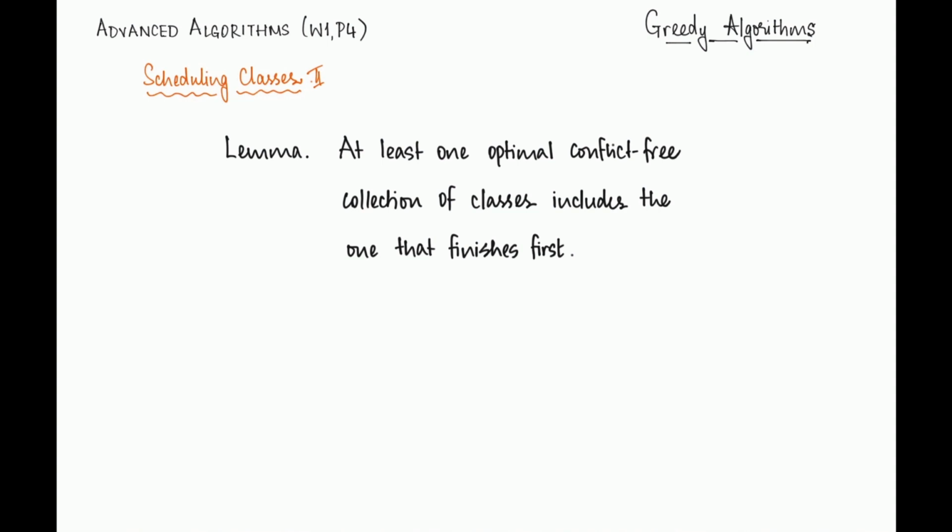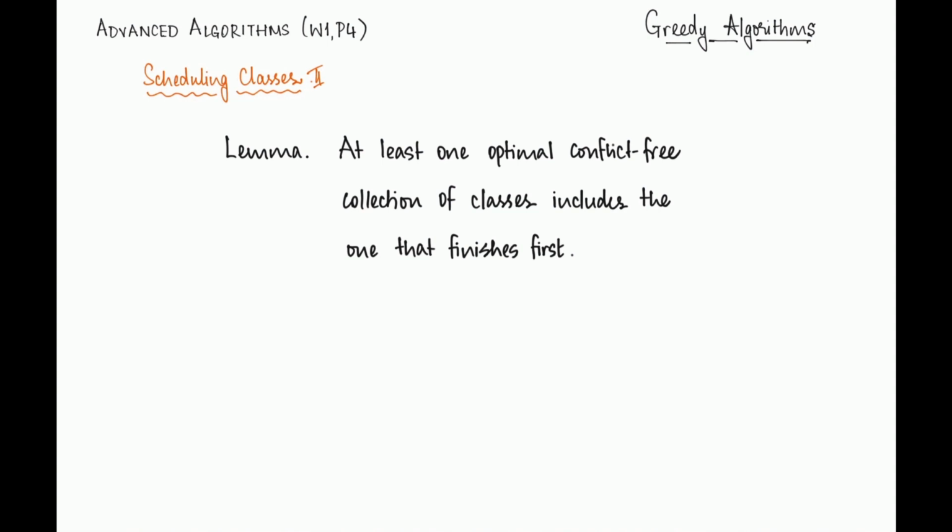So we are not saying that every optimal collection is obliged to pick the class that finishes first, but there's at least one. And we will see how this optimal solution, which makes the same choice that greedy does for the first class, will help us anchor the argument for the correctness of greedy in just a minute.